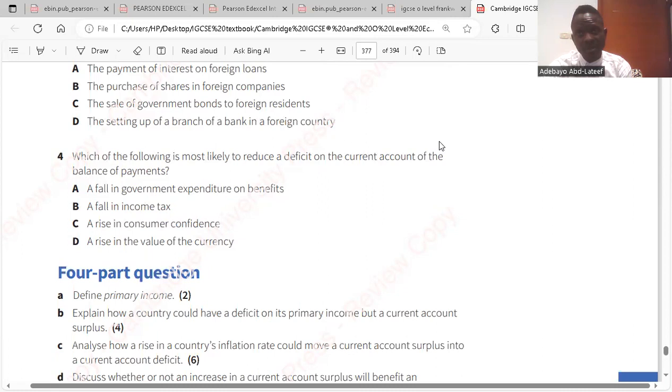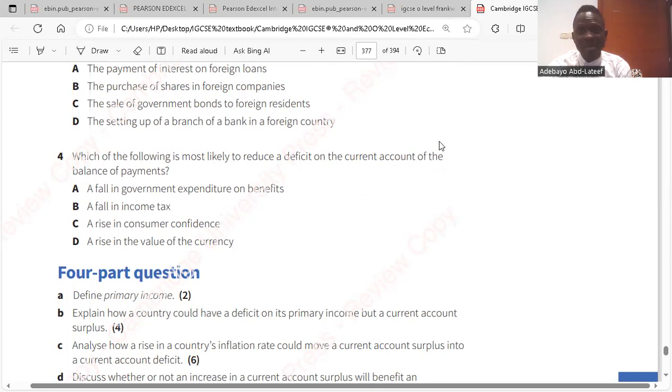No, it's not D. Rising consumer confidence. What is a deficit? Deficit as a result of what? Exports are less than imports. That's the deficit. Exports more than imports is the surplus.